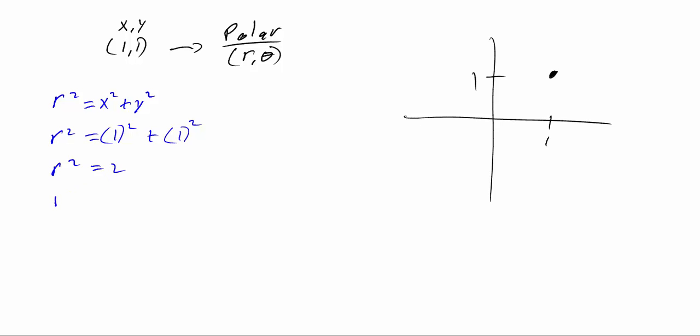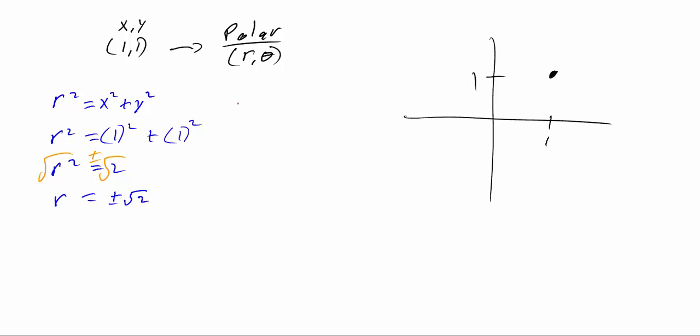So that means r is equal to, we need to take the square root of both sides. When we do that, remember we would technically have plus or minus, so we would get r is equal to a positive or negative square root of 2. And then we need to find the angle.